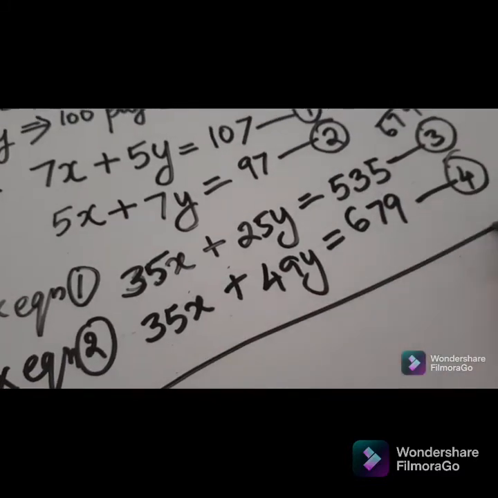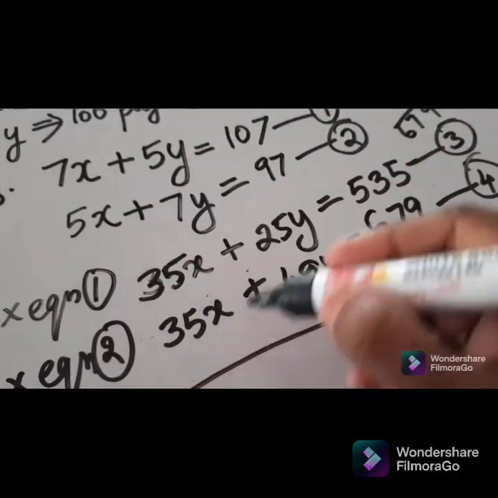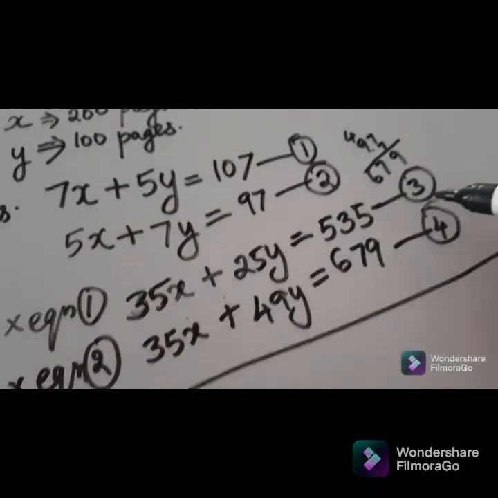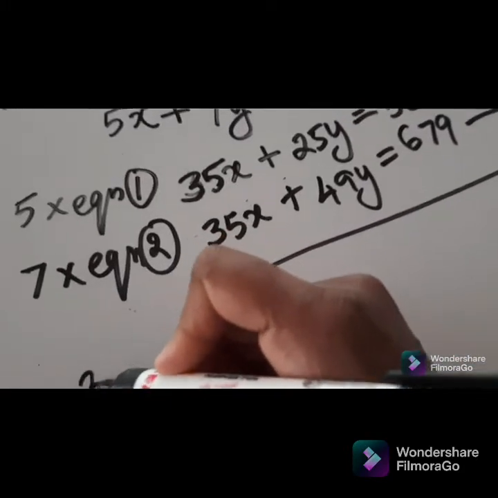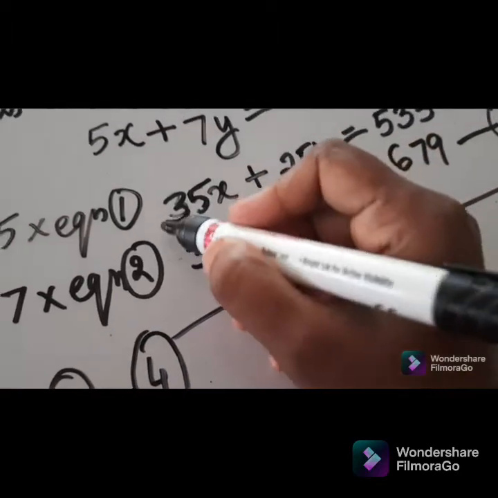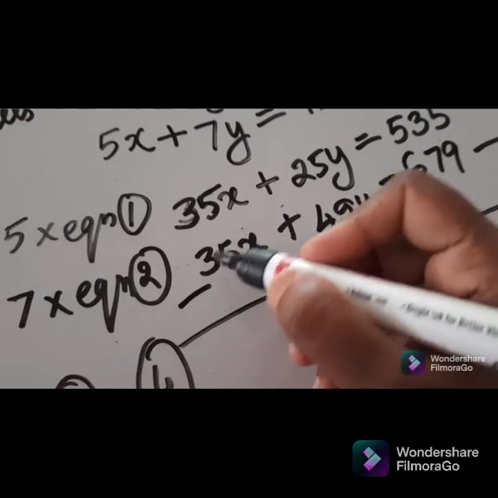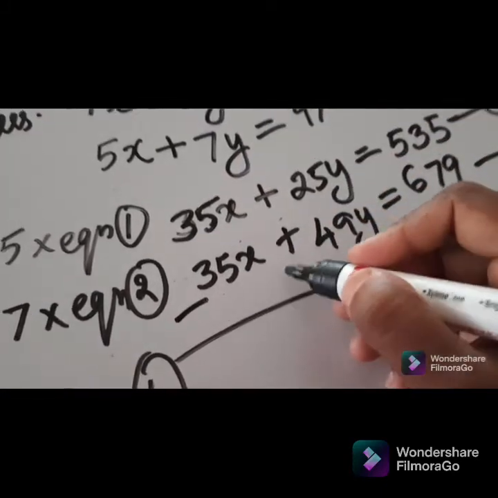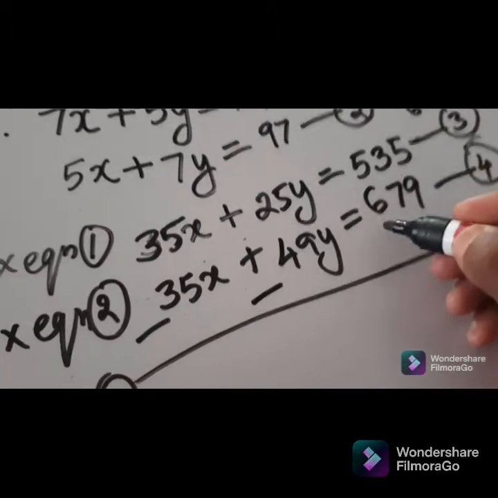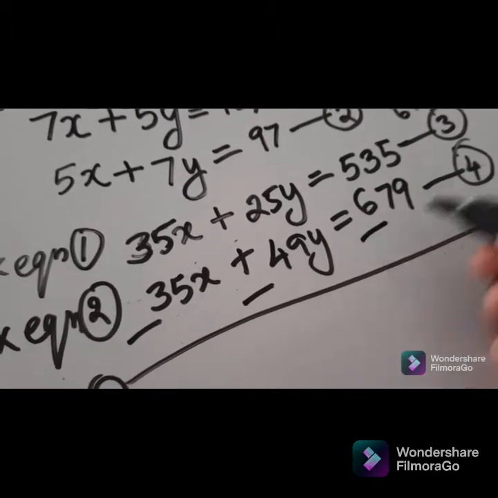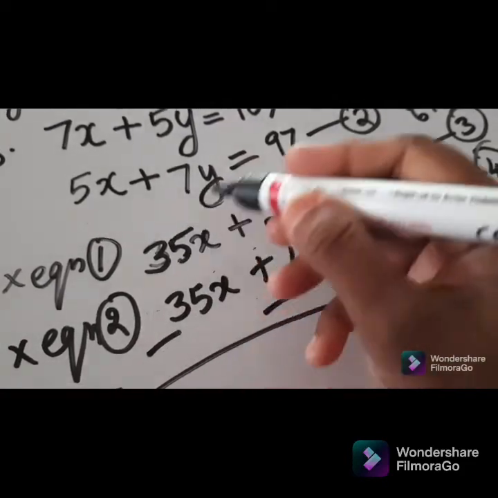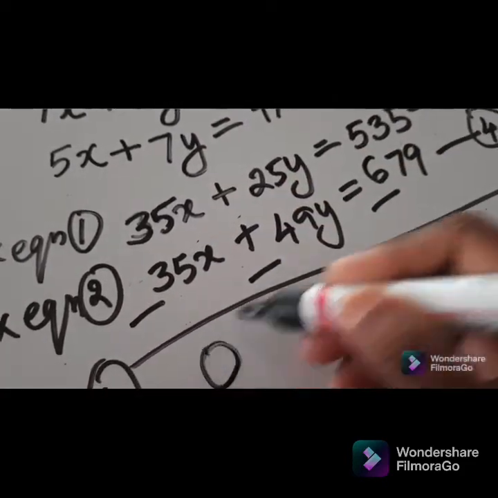Now we have the same coefficient, so we subtract: equation 3 minus equation 4. We put a minus sign because we are subtracting, so the plus becomes minus. Now the x part will be 0.